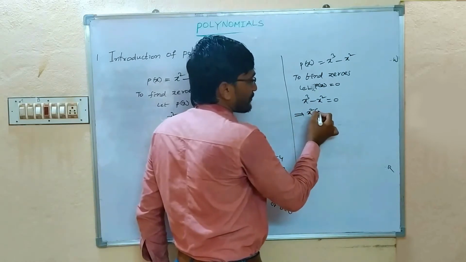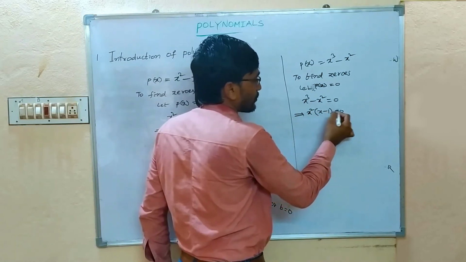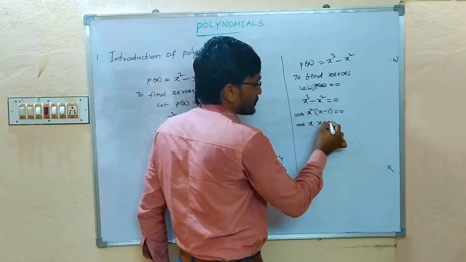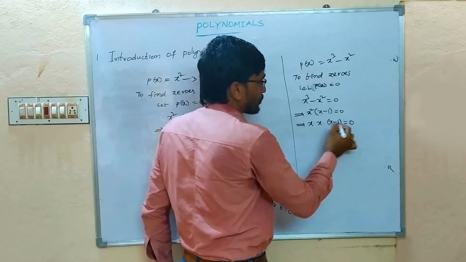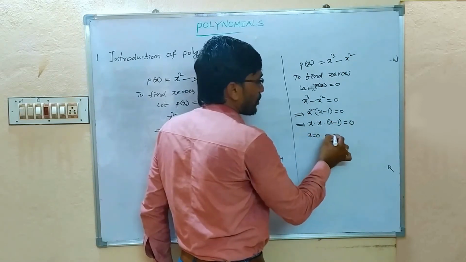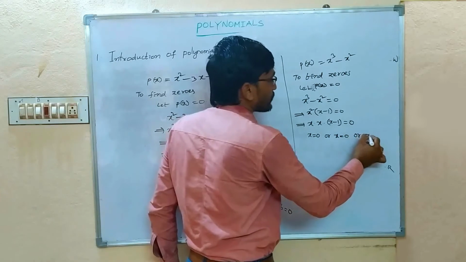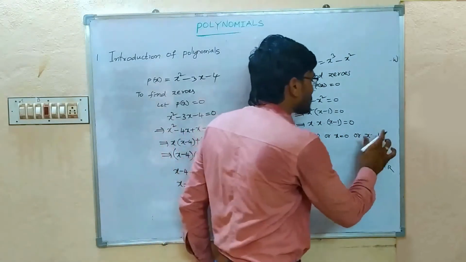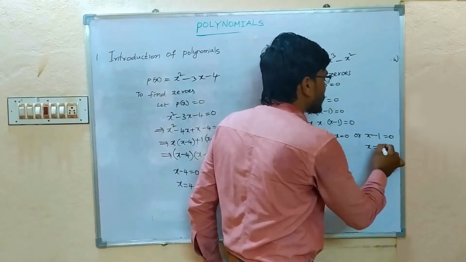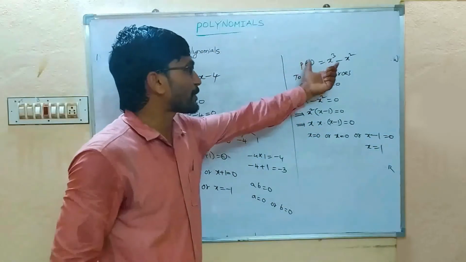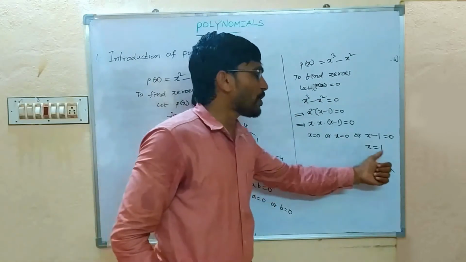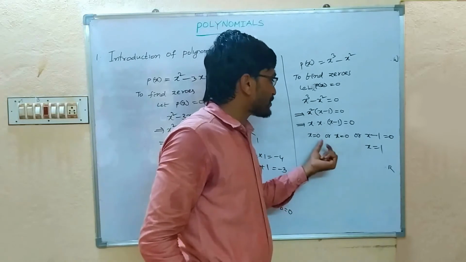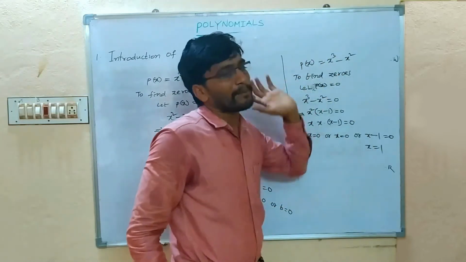Taking it common, we get x square into x minus 1 equals 0. That means either x equals 0, or x equals 0, or x minus 1 equals 0, which is x equals 1. The zeros of this cubic polynomial are 0, 0 and 1. Here we get two equal zeros, which are 0, and 1 is the other zero of this polynomial.